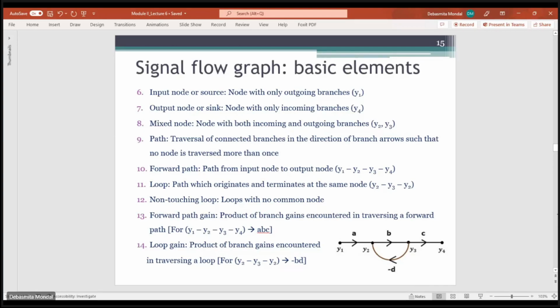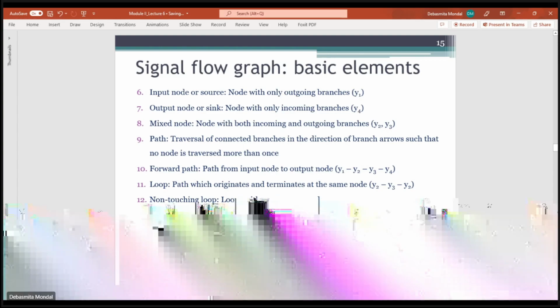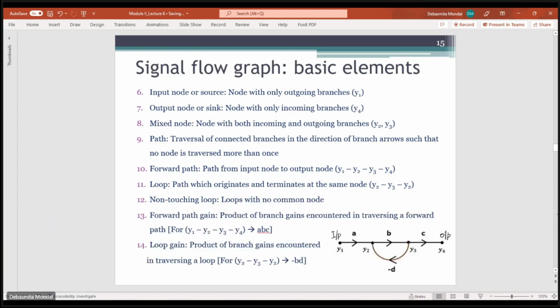Then there is the forward path, which means the path from the input node to the output node. Here y1 is the input node and y4 is the output node, so the forward path is y1, y2, y3 and y4. This other path will not be a forward path because the signal flows in the opposite direction, so it does not come into the picture.